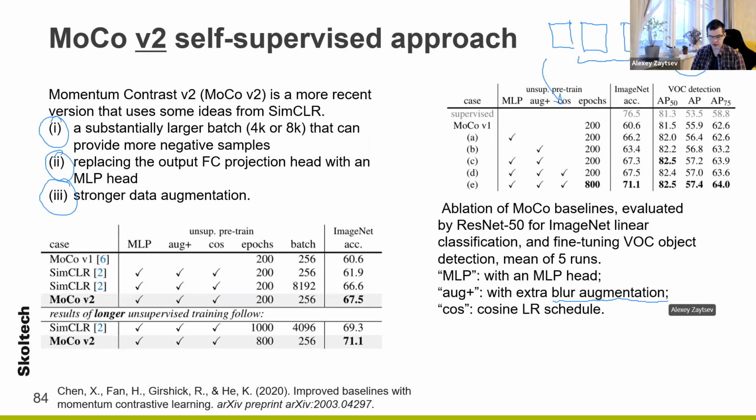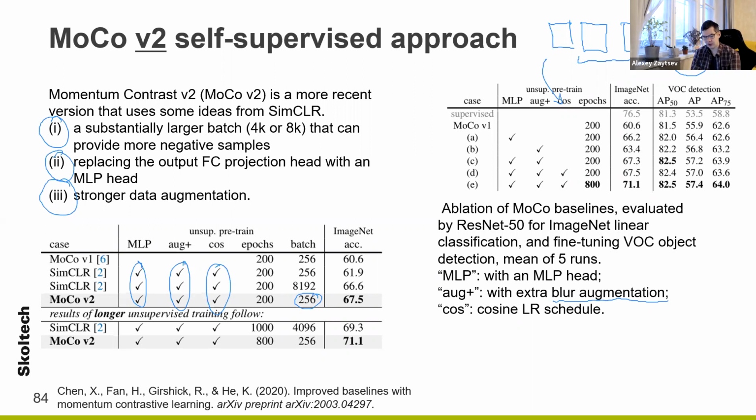And so it makes sense to compare MOCO with these heuristics to SimCLR. And as we can see, if we have a batch size of 256 and have this additional head and additional augmentation, and also a slightly different learning rate schedule, we can see that MOCO outperforms SimCLR significantly.